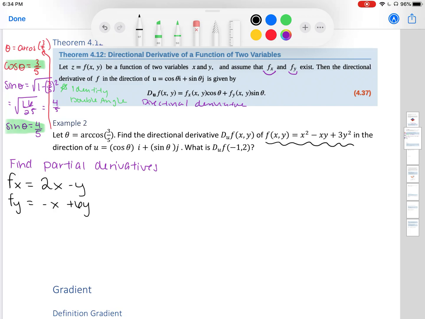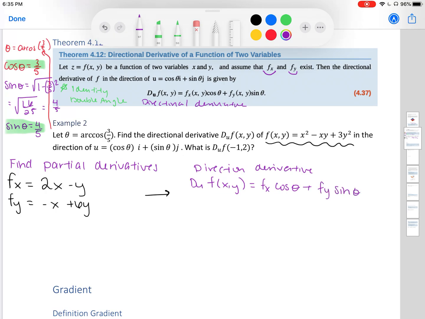Okay, now we want to use that directional derivative. The directional derivative of f of x comma y is given by the definition. It's the partial derivative of x times cosine theta plus the partial derivative of y times sine theta, right?